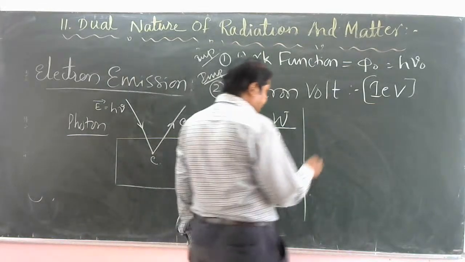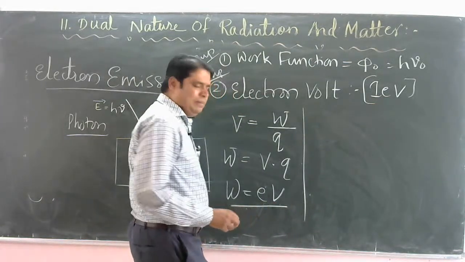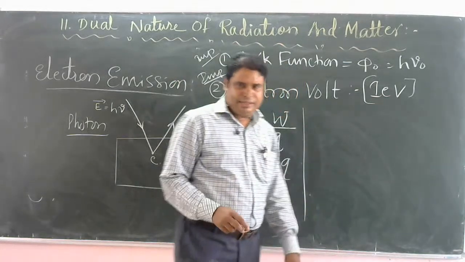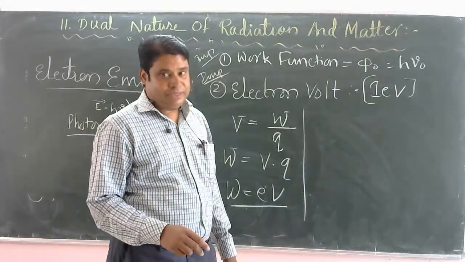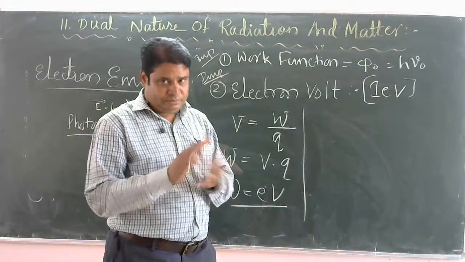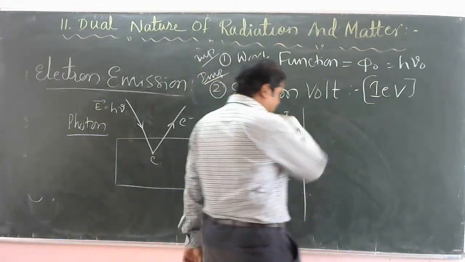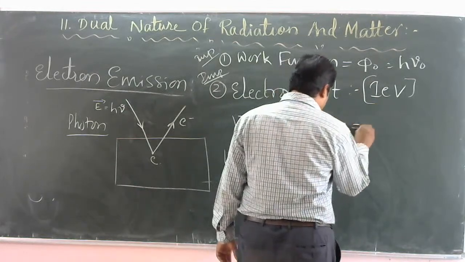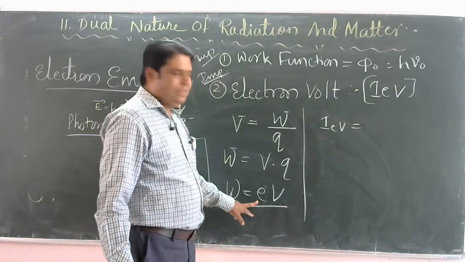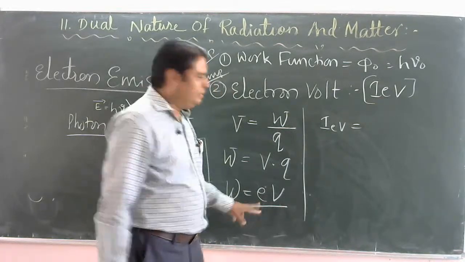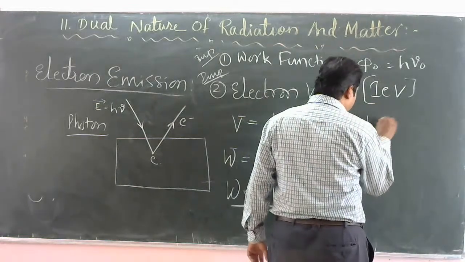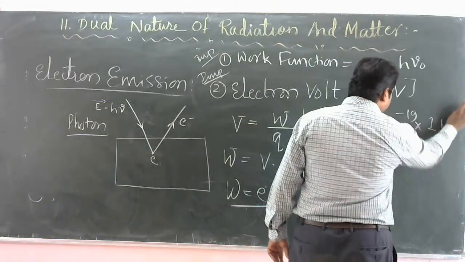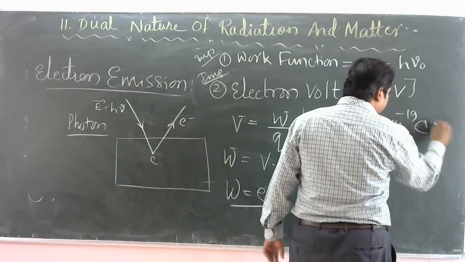W is a work we measure in terms of joule. What is the relation between joule and electron volt? 1 electron volt is equal to e, where e means the basic charge on the electron, which is nothing but 1.6 into 10 raised to minus 19 coulomb into 1 volt.